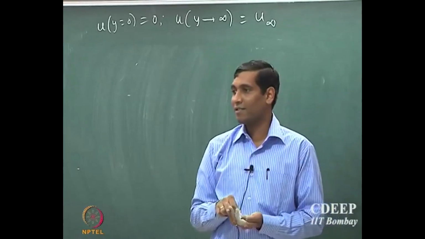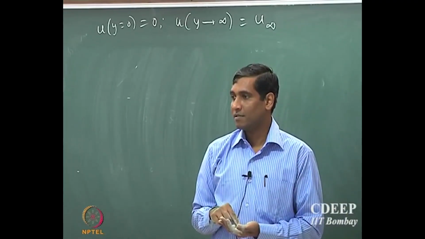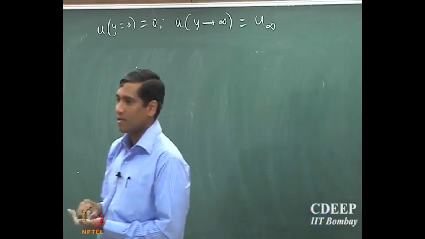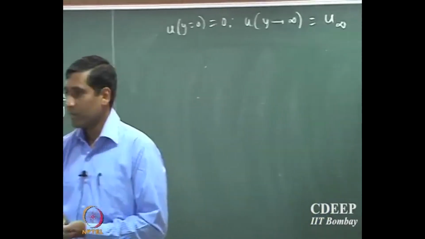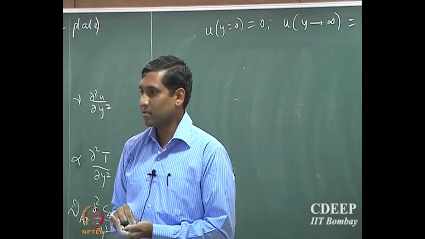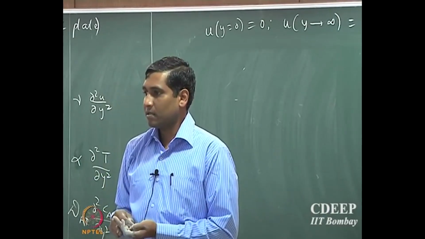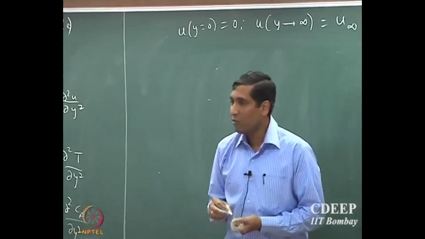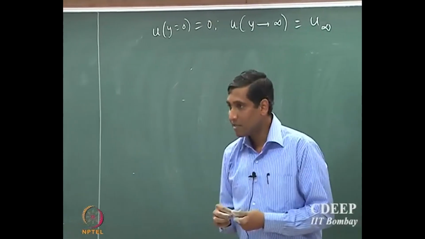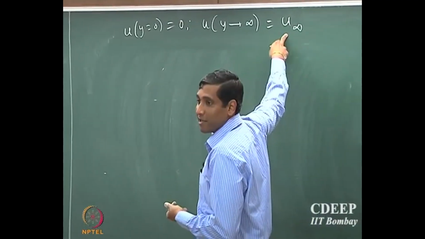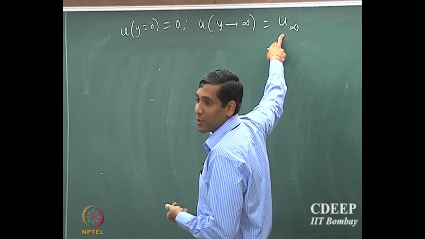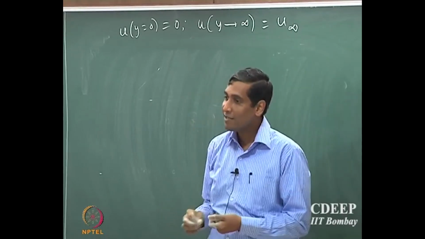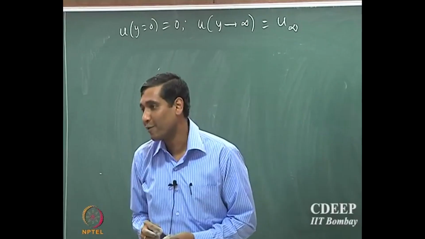What about x? But when you say du by dy at y equal to infinity is 0, what does it mean? It means that the velocity there has to be constant, and that has to be equal to u infinity, otherwise we have no acceleration of fluid.